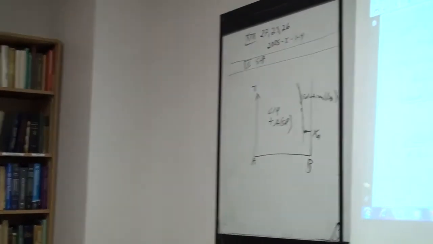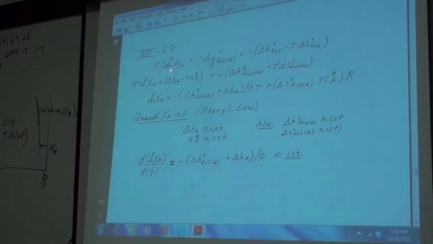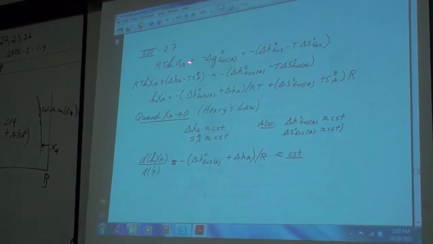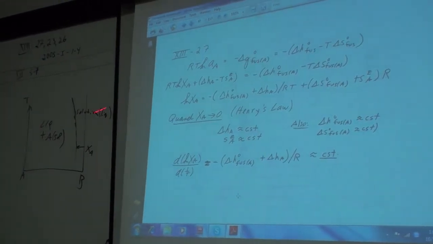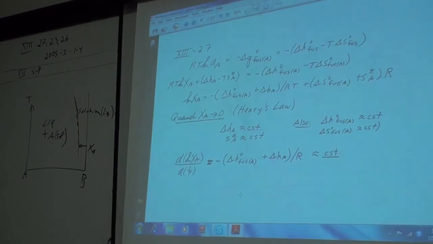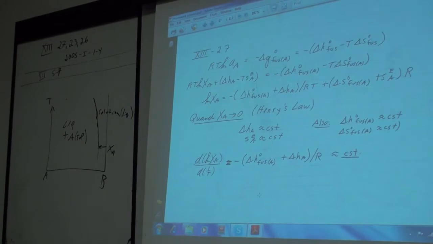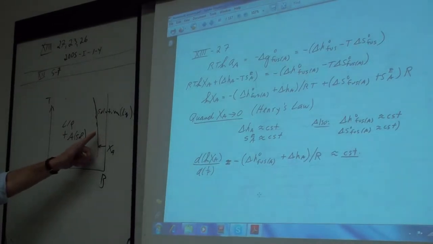So along the liquidus line, the same equation applies. RT log activity on the liquidus equals minus the Gibbs energy of fusion of A, which is minus the heat of fusion minus T delta S of fusion. That's the equation of this line, assuming that it's in equilibrium with pure solid A. So here you take B and you add A, and when you reach this line, solid A precipitates.